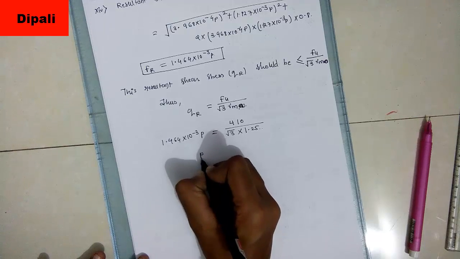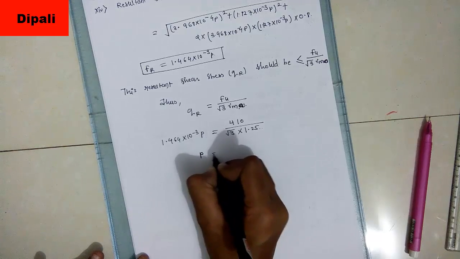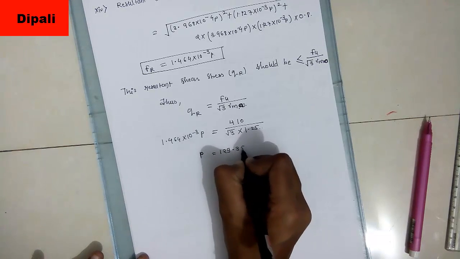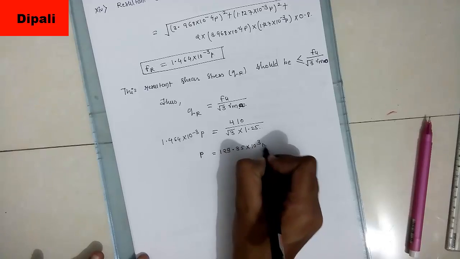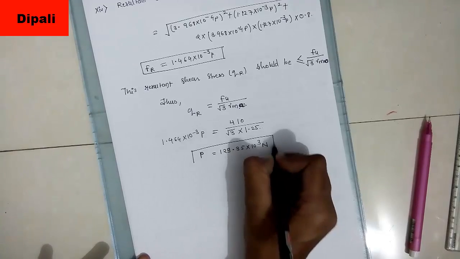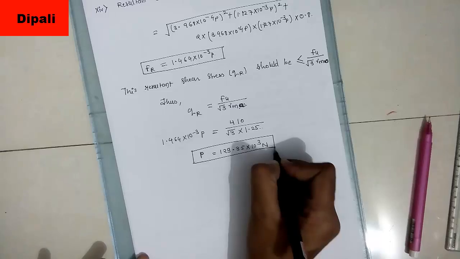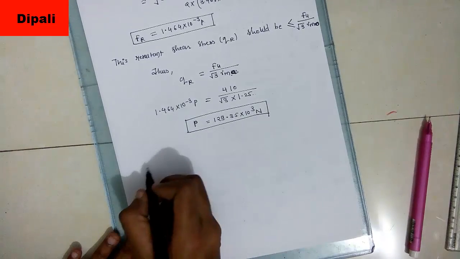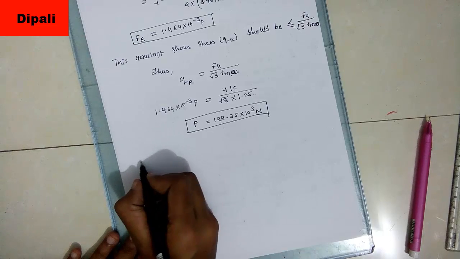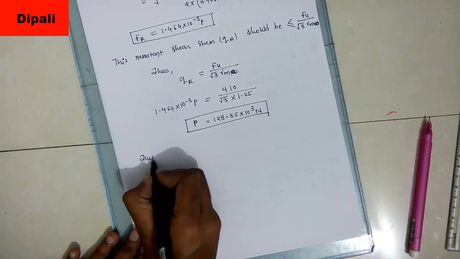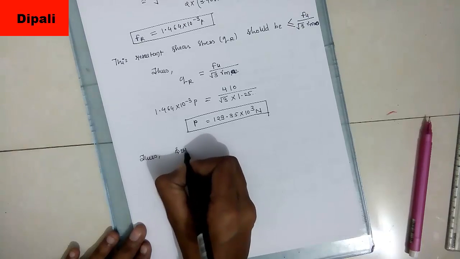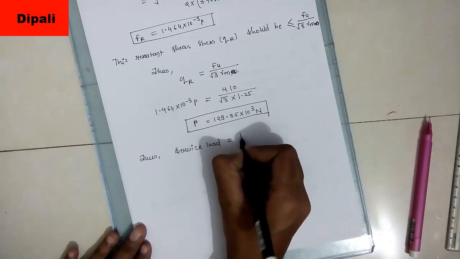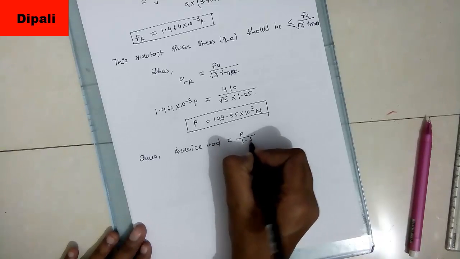After this we have to calculate the value of P. After the calculation of this equation, we get P equals to 129.35 into 10 to the power 3 Newton. This is the factored load for one bracket plate. We have to calculate the service load. Thus, service load equals to P upon 1.5.